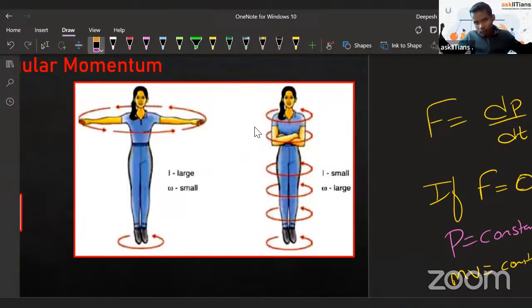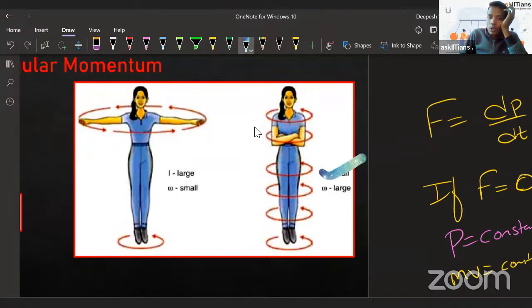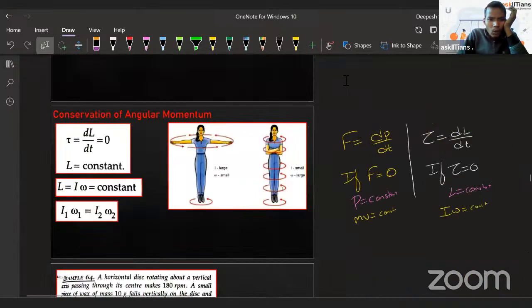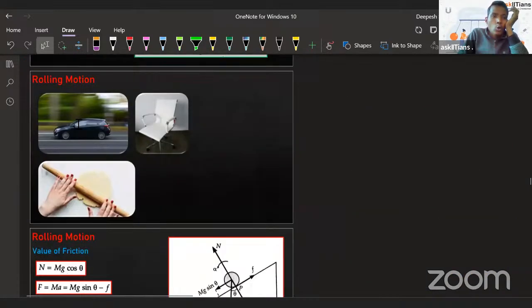When your hands are spread out like this, you rotate slowly. If you want to rotate very fast, then you should make the moment of inertia small. You should make your radius small, and automatically you will start spinning fast. Very simple.